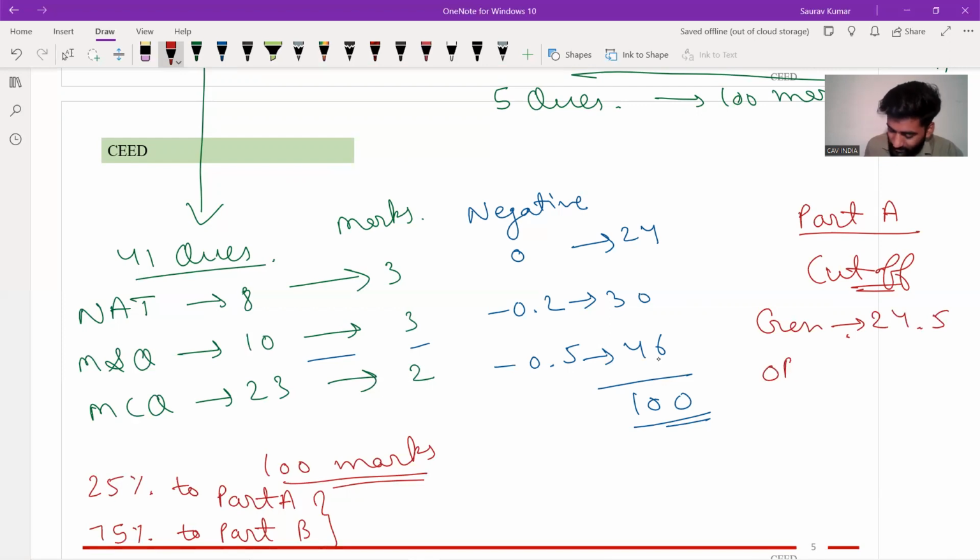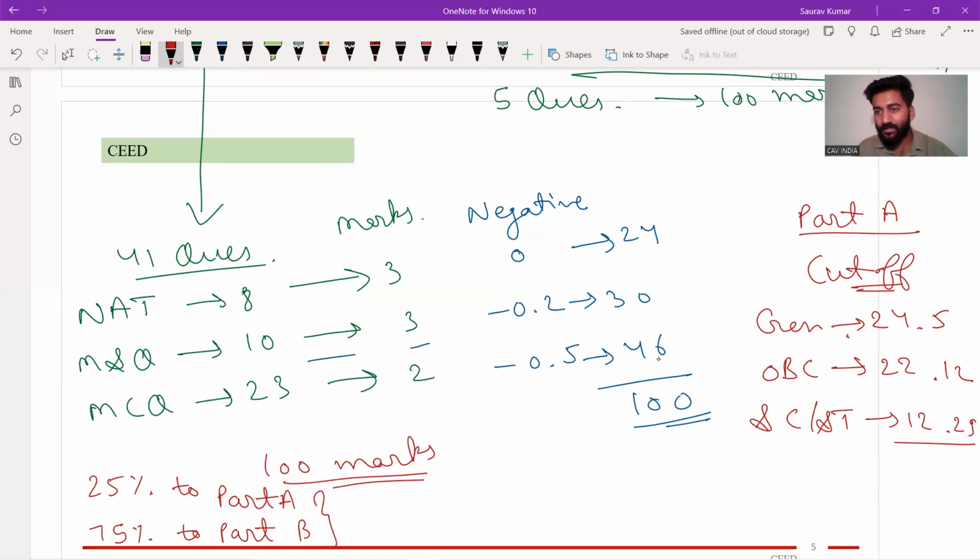General OBC, they are somewhere always equal, 22.12. SC/ST candidates were having a cutoff around 12.29. So this is the cutoff you need to clear in part A, so that they will then assess your part B. Final result will be prepared on this basis, and then you will get your rank.